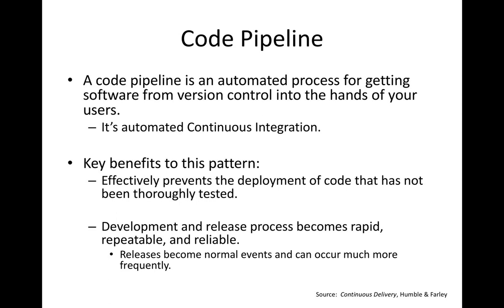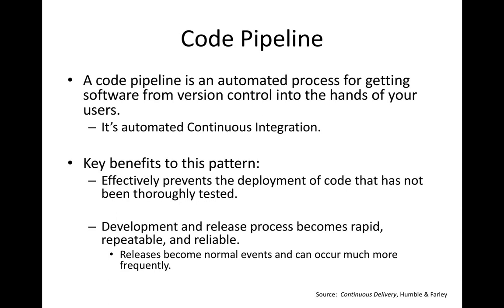And our mantra is that we want to automate everything we possibly can. And the way we automate the building and testing and oftentimes deployment of our software applications is by creating something called a code pipeline. This code pipeline represents the automated process for getting our software from the version control system like Git into the hands of our customers, ultimately in a production environment.